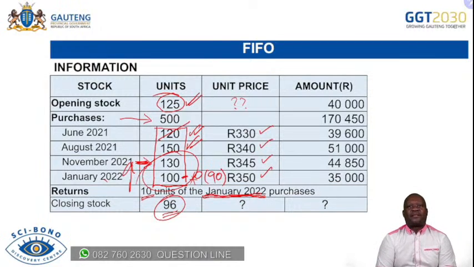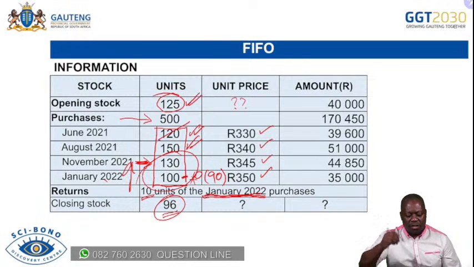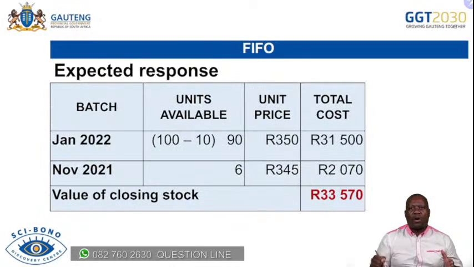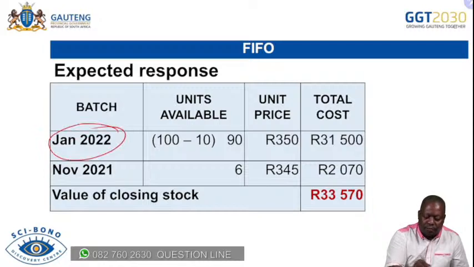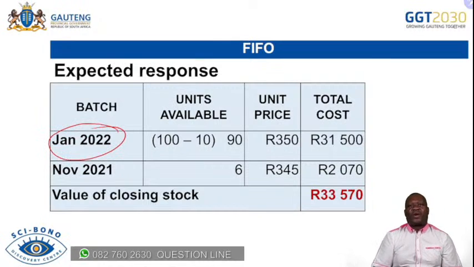Let's hope it's making sense. Let's hope something is being taken out of this. Now, please take note. Let's take into what the response is going to look like. Let's start with our latest batch. The January 2022 batch is our latest batch, right?